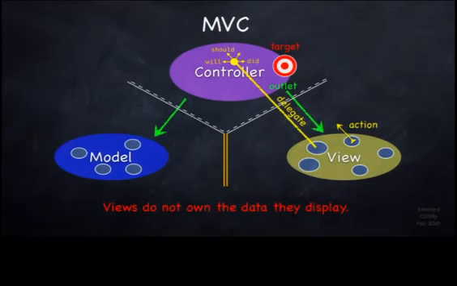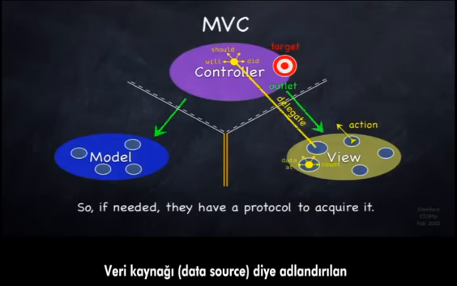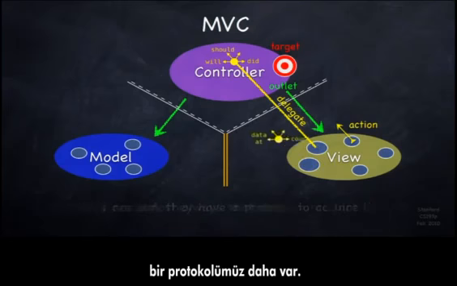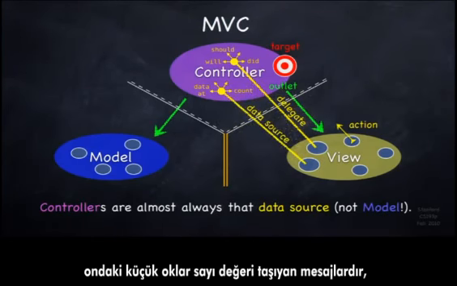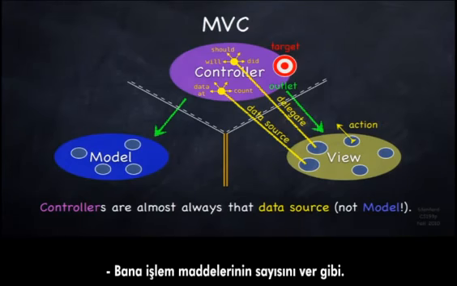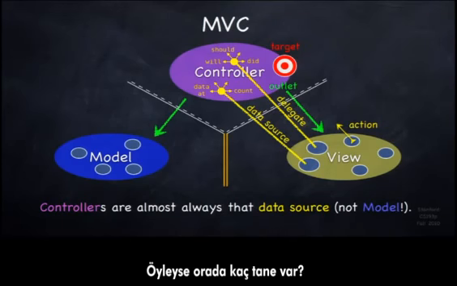So how do we manage this, views not having their data? We essentially have another protocol which is called a data source. It's similar to delegate, but it's called the data source protocol. And its little arrows are messages like count, give me the count of items. Let's say you're displaying a list, which is very common on the iPhone, like a list of addresses, a list of iTunes songs or whatever. So how many are there?